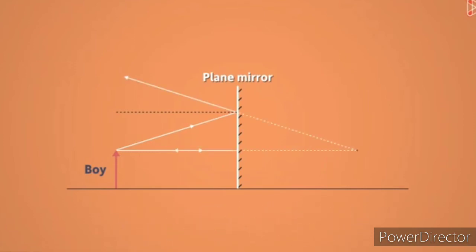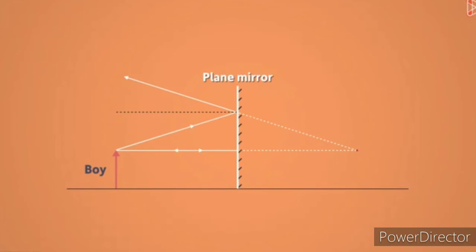But we know that the image is formed somewhere behind the mirror. So let me extend these reflected rays backwards and see what happens. We see that they meet at this point behind the mirror, and to us this is where the top of the image appears to be.